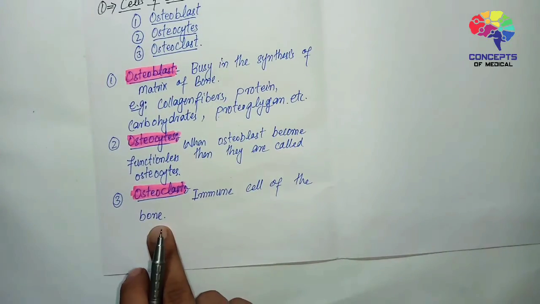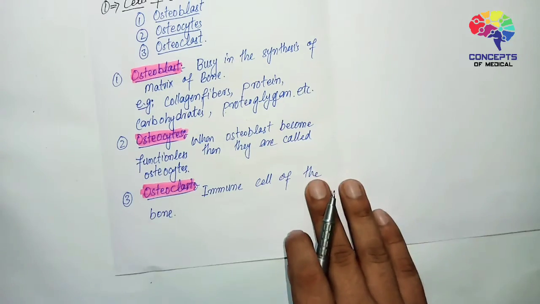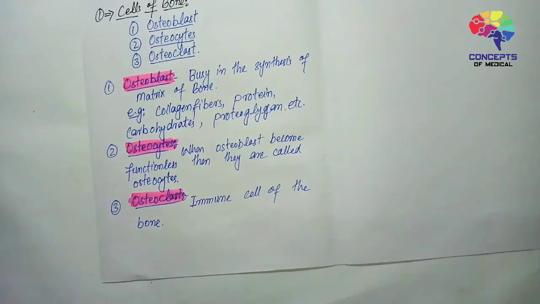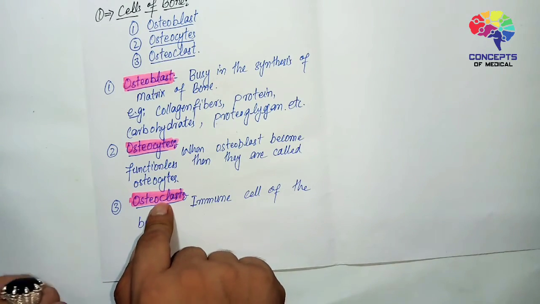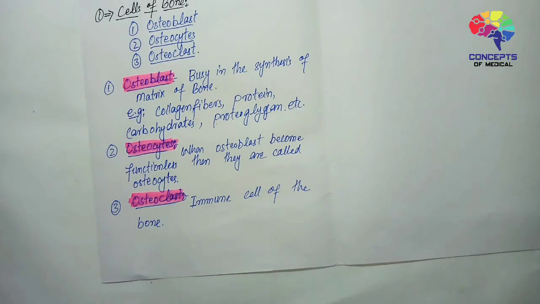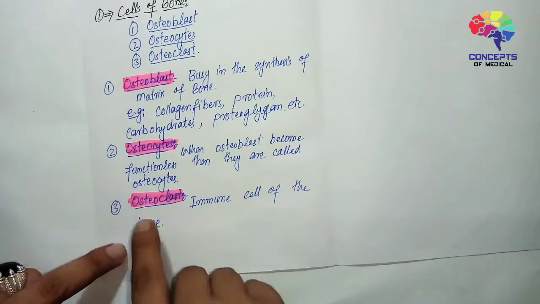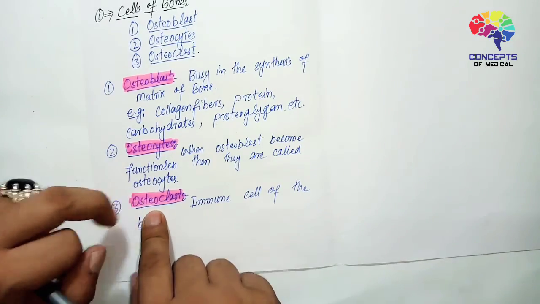And it has one more function as well. What is its function? The minerals which are present in our bones are controlled by this type of cell when there is any deficiency in other tissues like the blood. So the minerals are transferred from our bone by this type of cell, right?